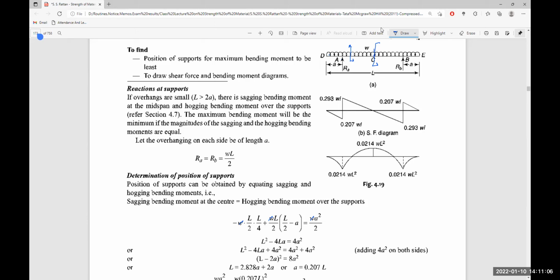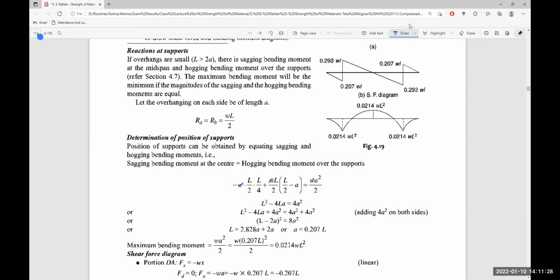So L squared minus 4La plus 4a squared is equal to 4a squared, and thus L minus 2a whole squared is equal to 8a squared, and L is equal to 0.828a plus 2a, so a becomes 0.207L. This means the overhang will be around 20% of the total length of the beam.